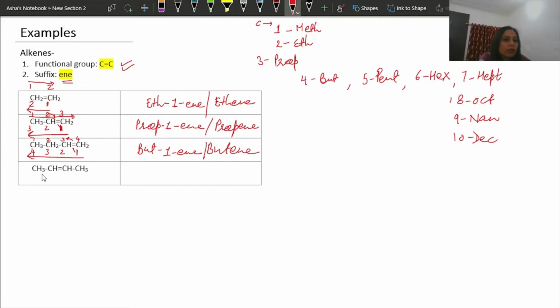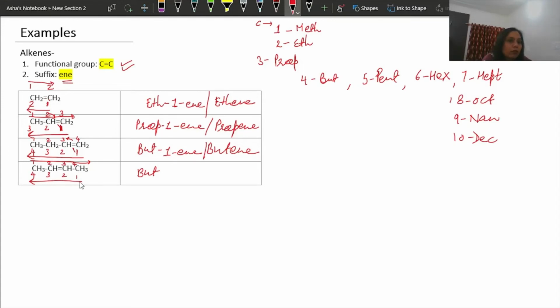And simply we will write butene. Now here in this one, if you are doing the backward counting, this is the first carbon, second carbon, third carbon, fourth carbon. If you are doing the front to back counting, this is the first carbon, second carbon, third carbon, fourth carbon. So the total number of carbons is 4, right? Now we will have to choose the carbon where the double bond is getting the lowest possible number.